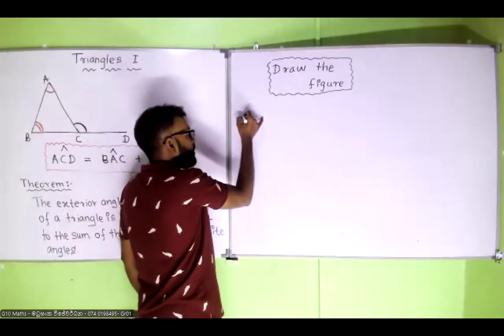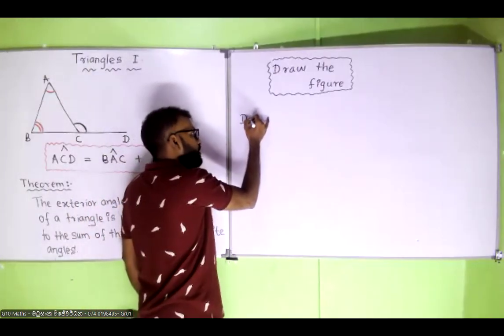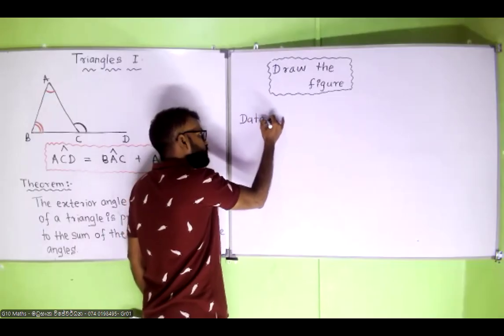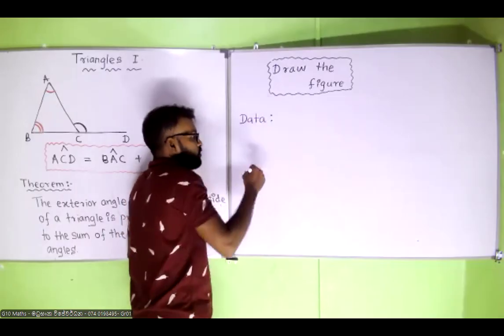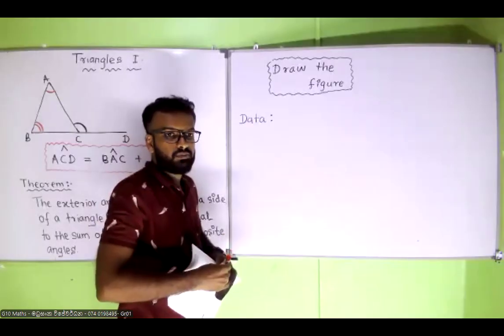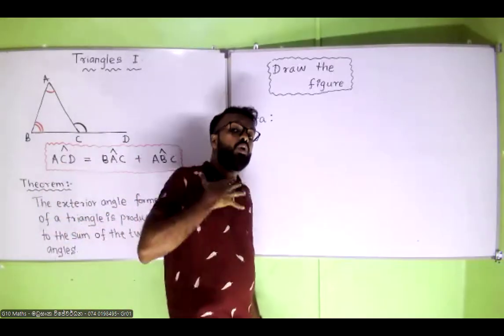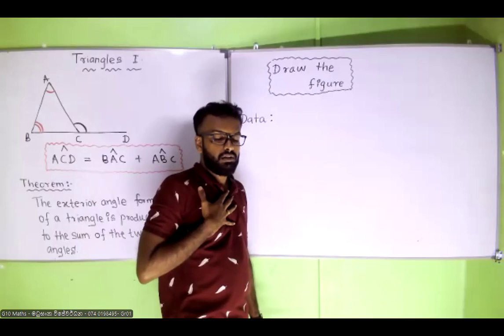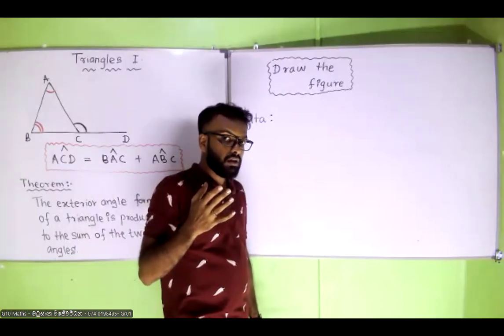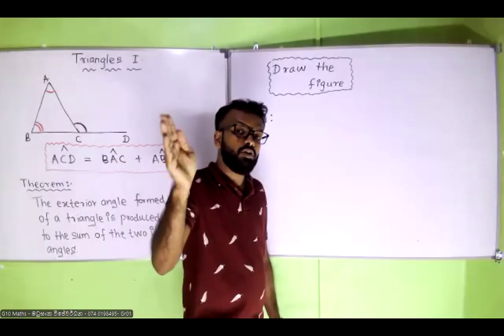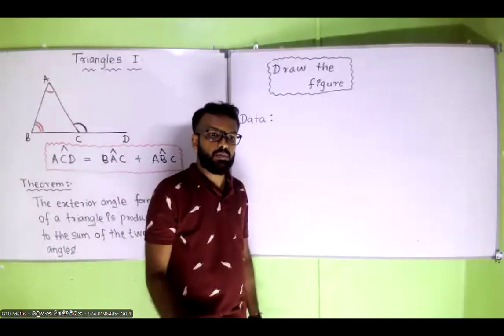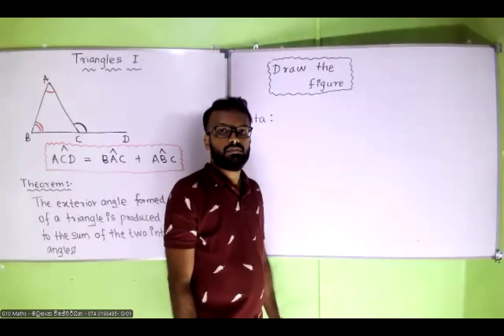What is data? The data means the things that they have given to us. They means the ones who made your paper, sometimes it may be your teacher, and so on.